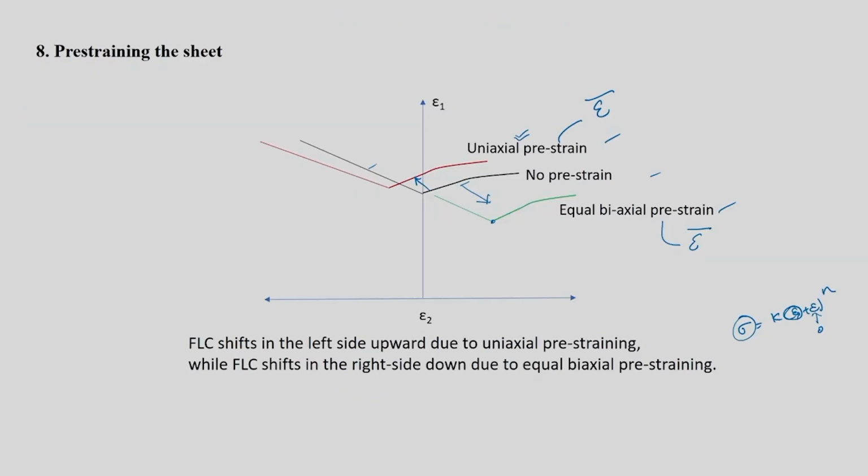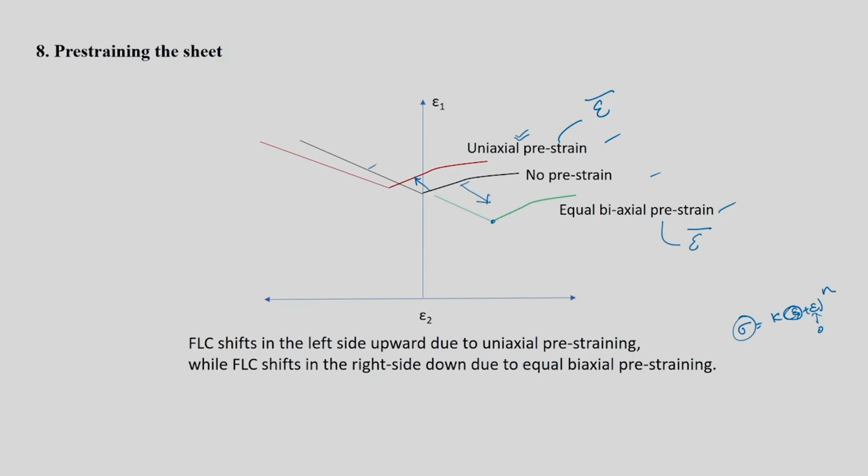So these are some important factors: your material properties and geometric properties of the sheet, and testing conditions like pre-strain, temperature, and strain rate, all of which are going to affect the forming limit.